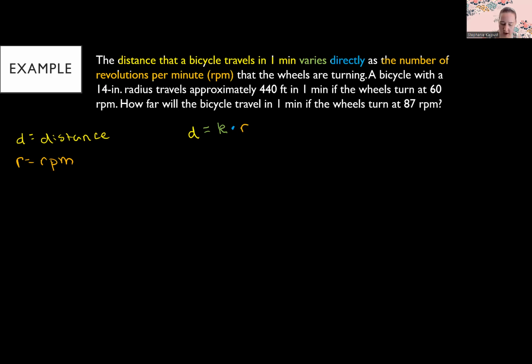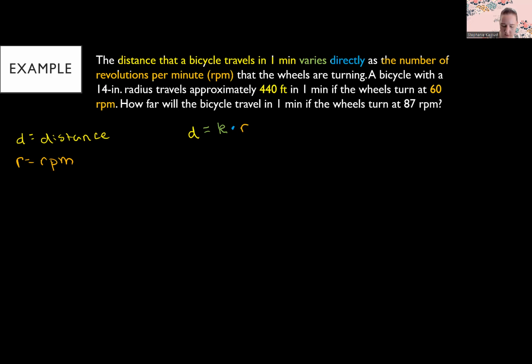And we have our distance, which is 440 feet. And then they're giving us the RPM, which is 60 RPM. So we're going to plug those numbers in. So I'm going to just kind of color code.